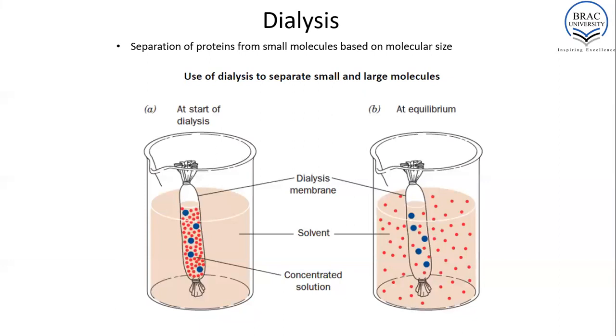The bigger particles stay inside the membrane, and the smaller particles move out and mix with the solvent. This is the way the separation of the particles is done. So depending on the size of our protein, it can be in the concentrate, it can be in the solvent, or it can be inside the dialysis membrane.